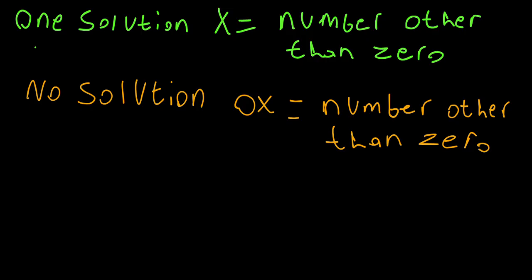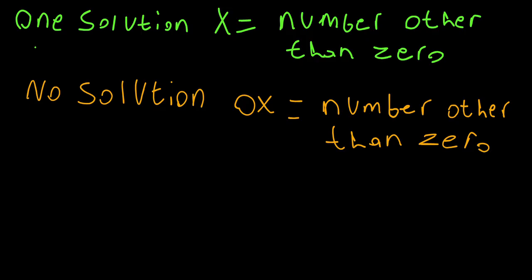Now, if on the right side you have 3, and on the left side you have 0x, it doesn't matter what x value you have, you're going to end up with 0 equals 3, which is not true. That is not a true expression. So that is why this is an equation with no solution. So remember, if you ever get 0x equals a number other than 0, you have no solution.